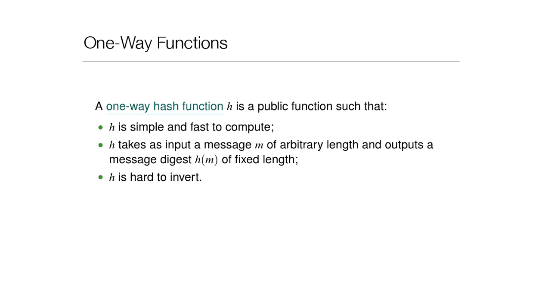Message digest, that's what we call the output of a hash function in cryptography. It is of fixed length, and it is hard to invert, hard to reverse. Just by having the message digest, it is not possible to compute the message. That's a one-way function.